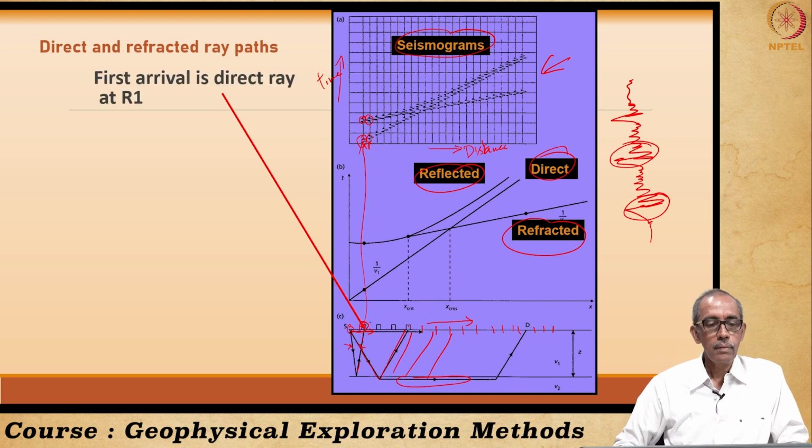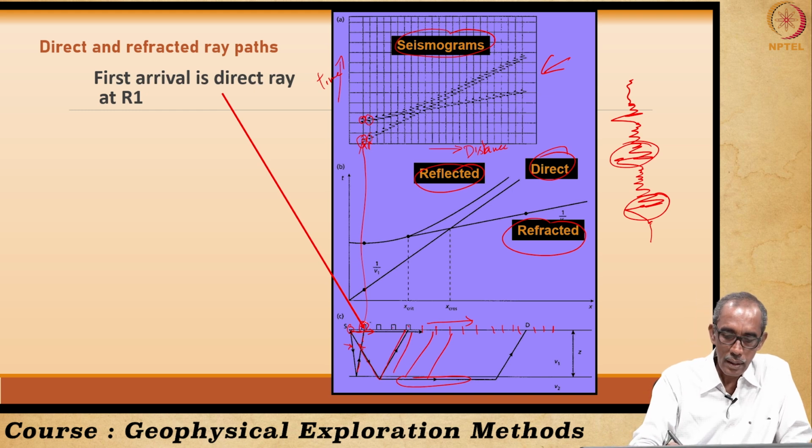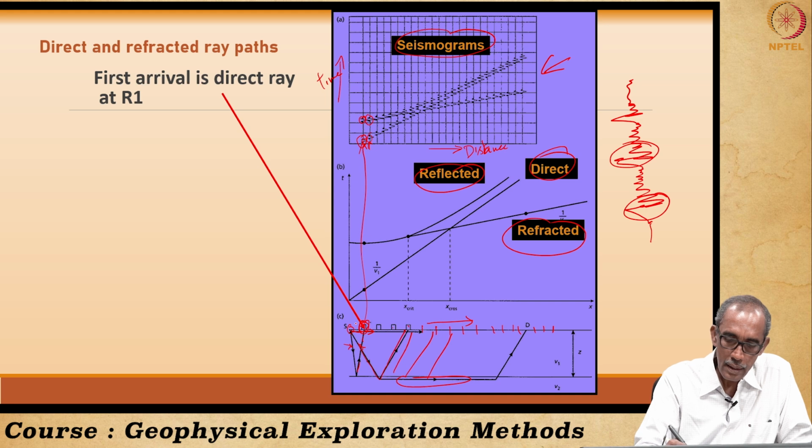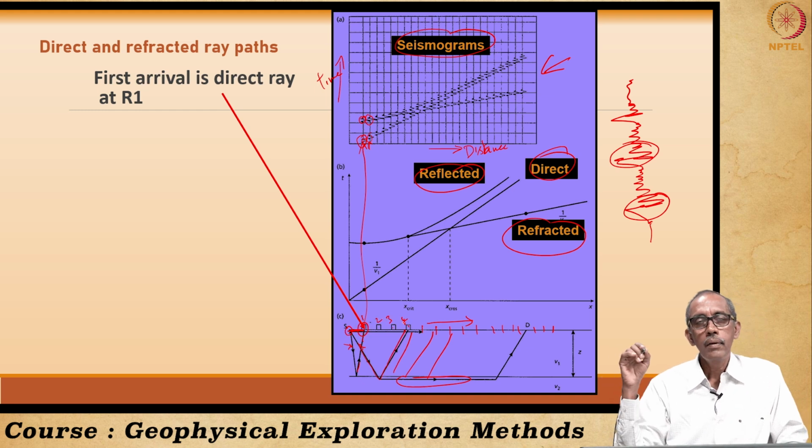Now, imagine that, as I told you, in the first receiver or geophone number 1, the first arrival is the direct ray, okay, because this is reaching faster. Since the geophone is located very close to the source, first receiver 1, 2, 3, 4 and so on, it receives the direct signal or direct seismic waves first.